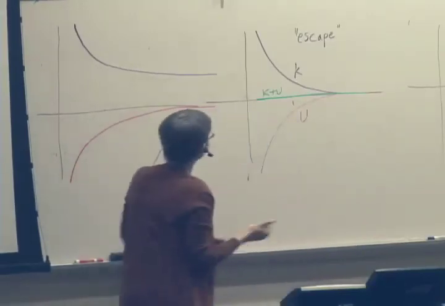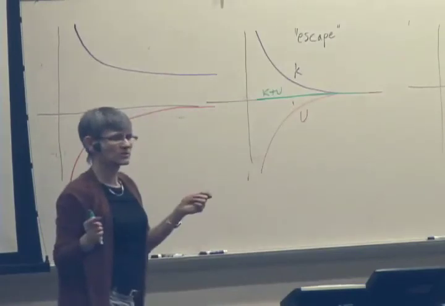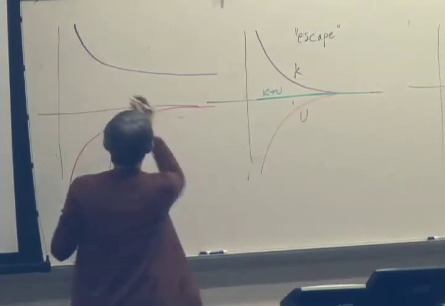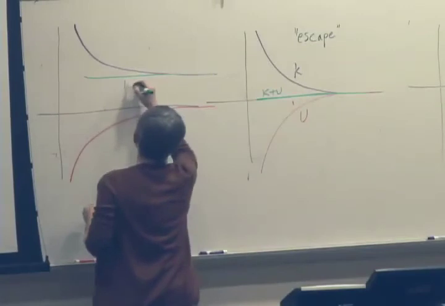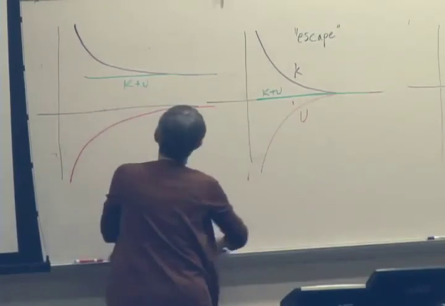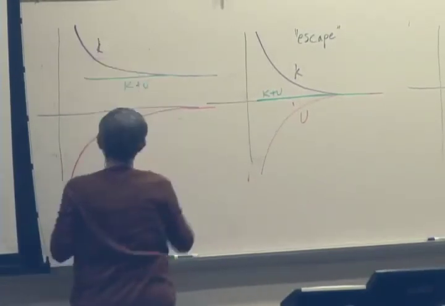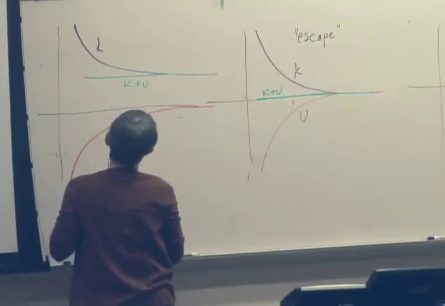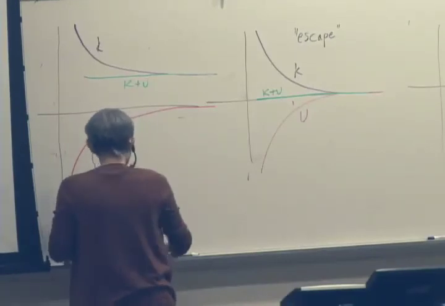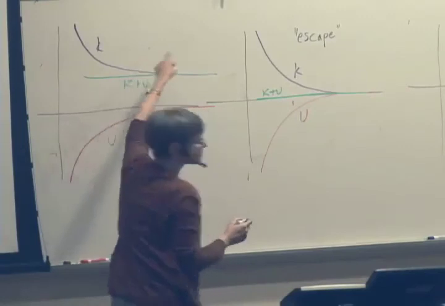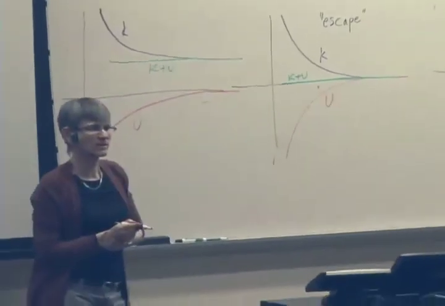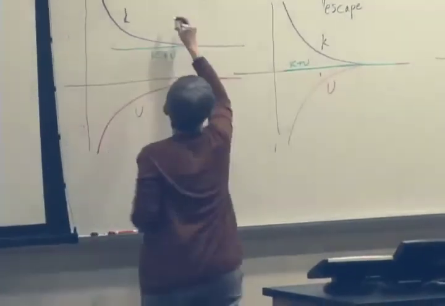And so that's the problem we just did, right? K plus U is going to be the sum of those two, so K, and this is U. So this is escape also, but it's escape with some extra energy. So this also escapes.